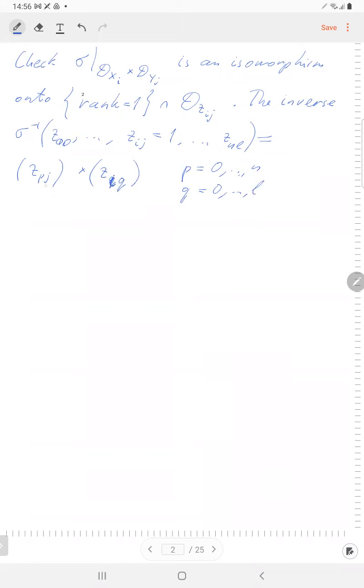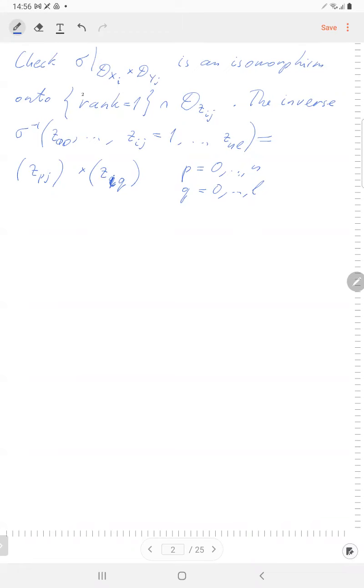Okay, in particular, in this column at the jth place you will have 1, and in this row at the ith place you will also have 1, right? But by the condition on this open subset D Z_ij.